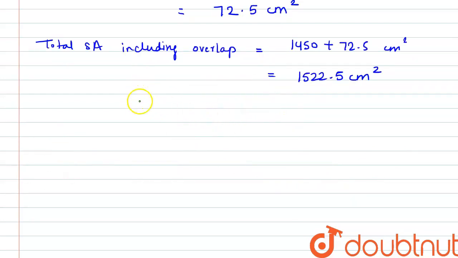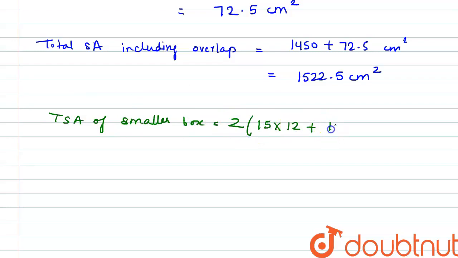Now we have to find the total surface area, that is the TSA of the smaller box. So that will be twice of L is 15 into B is 12 plus 15 into 5 plus 12 into 5.